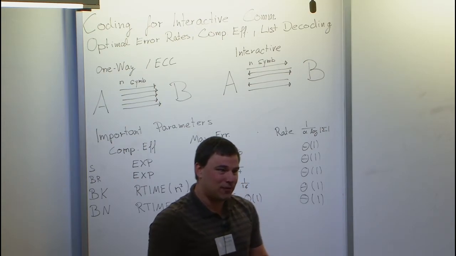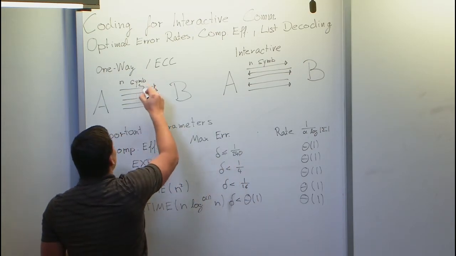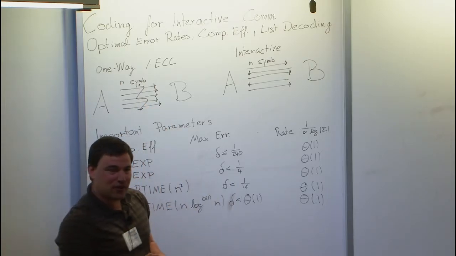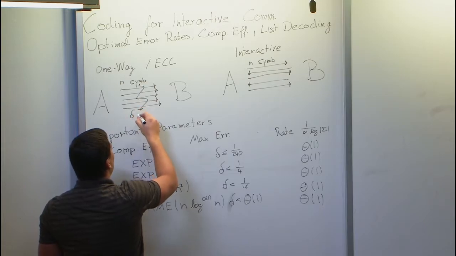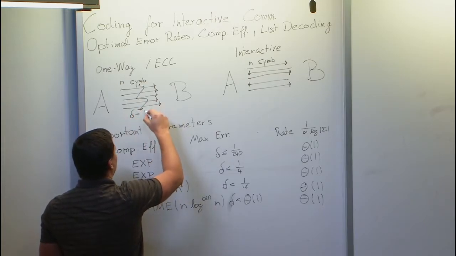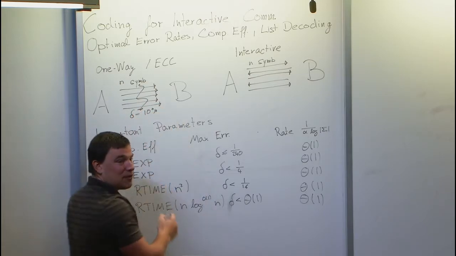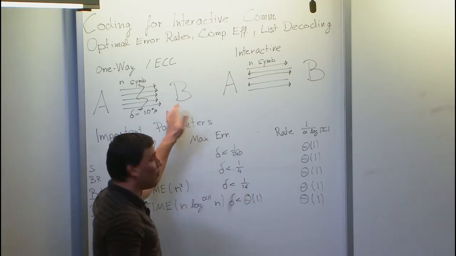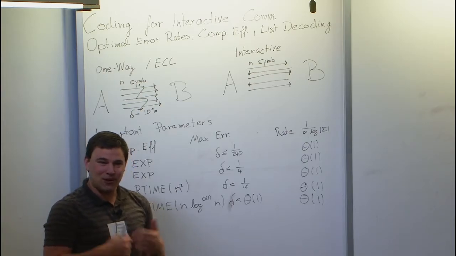But now we have noise, right? So what if of the n symbols that Alice sends, some constant fraction of these symbols get corrupted? Any fraction, any delta, let's say, I don't know, 10%, 20% of these symbols get corrupted. Well, now Bob obviously doesn't know what Alice wanted to send him. So what can we do?